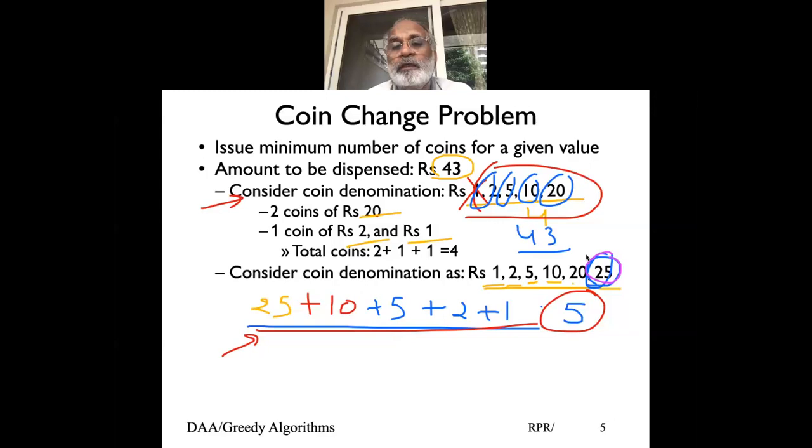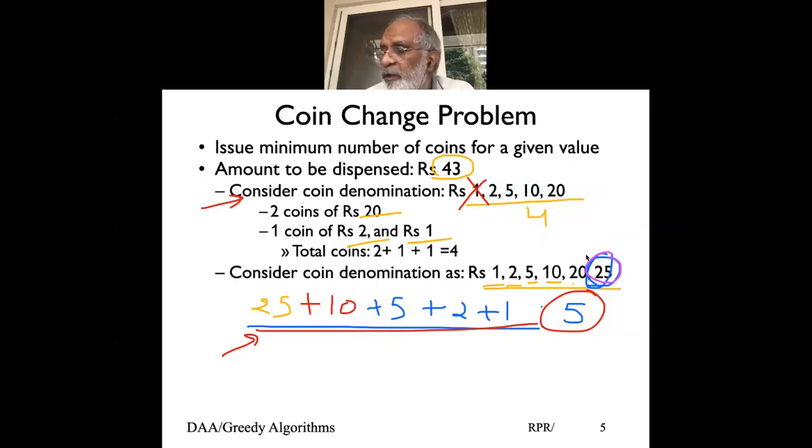Would Monica or Likhita like to answer? So the two questions: why is it that the greedy approach doesn't work? And the second question is, what is the optimal solution if I have only coins of 20 rupees, 10 rupees, 5 rupees and 2 rupees?